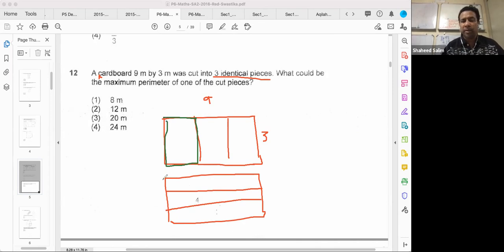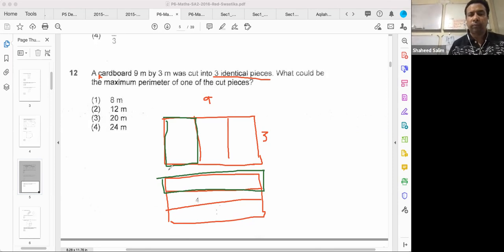And then you compare this side. Which one is bigger? That's your answer. Okay. You try. What's the perimeter of one side here? They want the biggest size.